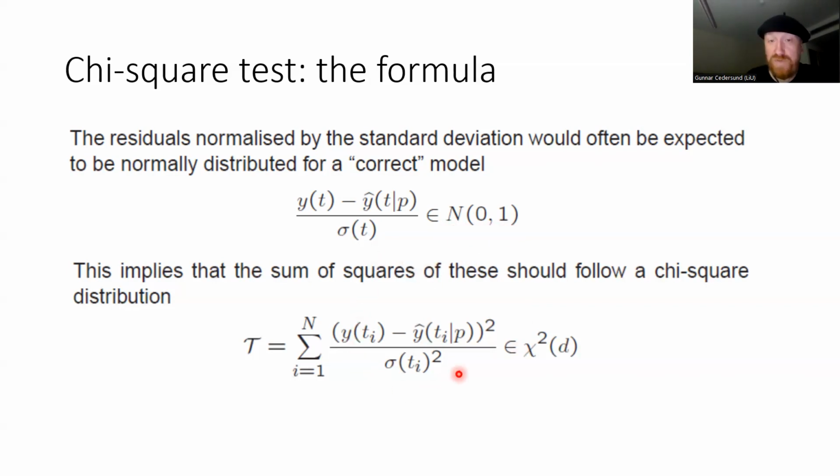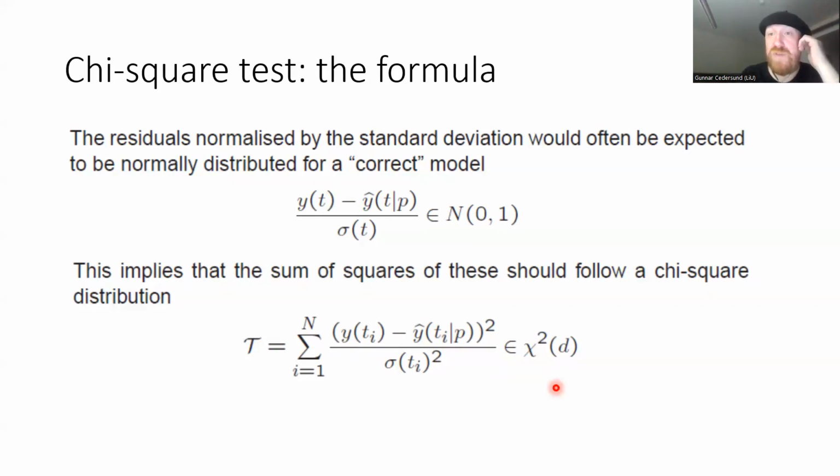Since all of these are the terms in a normal cost function, or the simplest version of the cost function, these should form an N(0,1) distribution, and therefore the sum of the squares of all of those should follow a chi-square distribution, because that's what a chi-square distribution is.